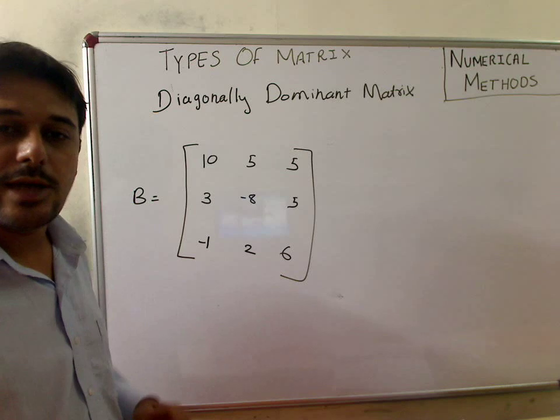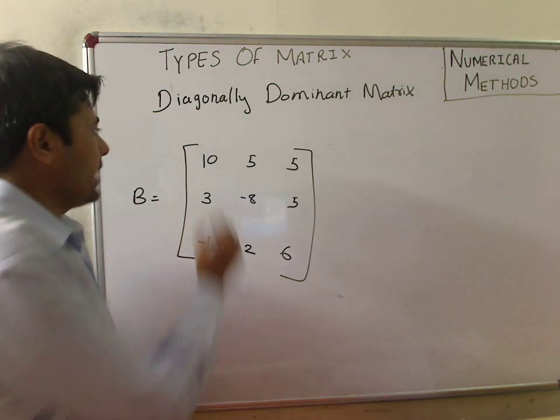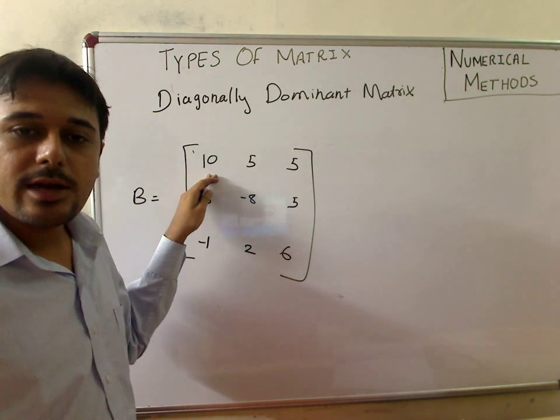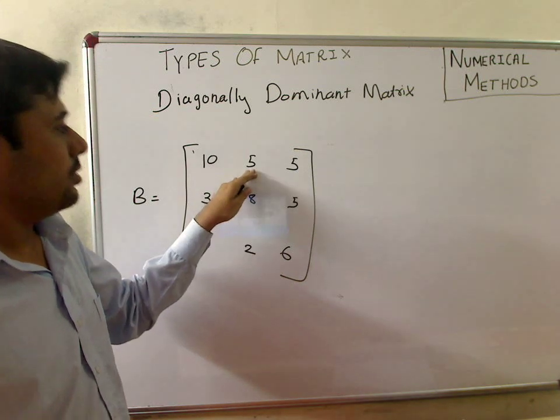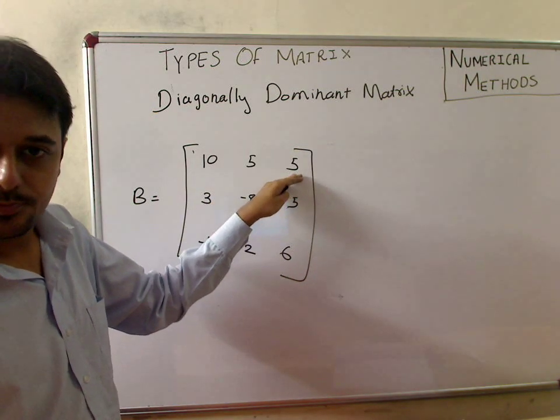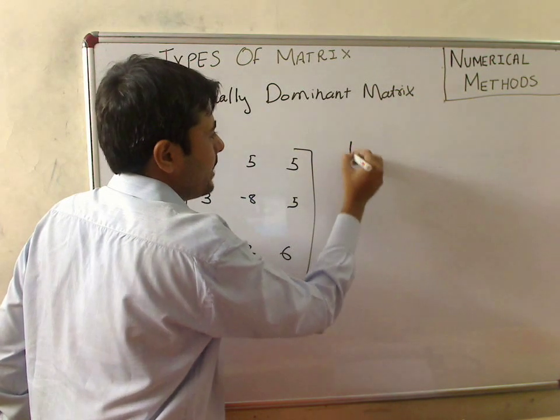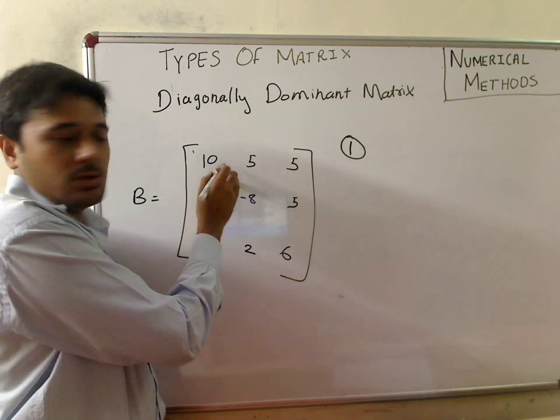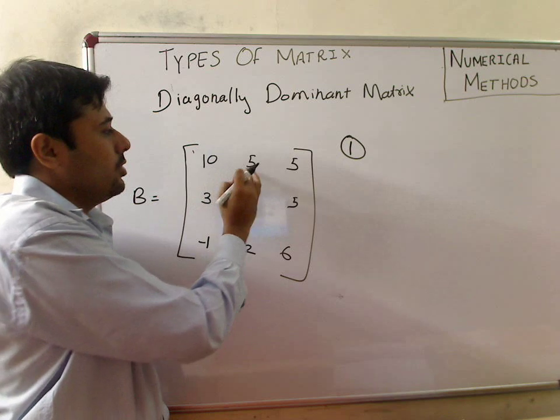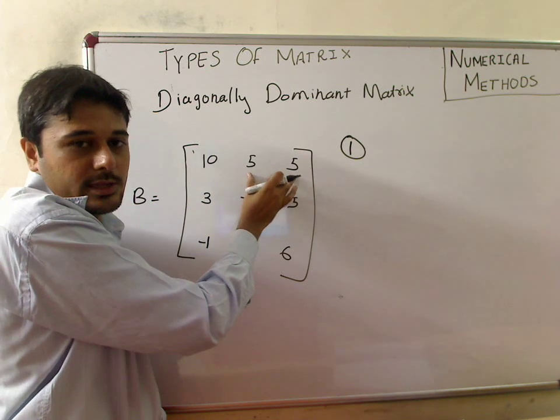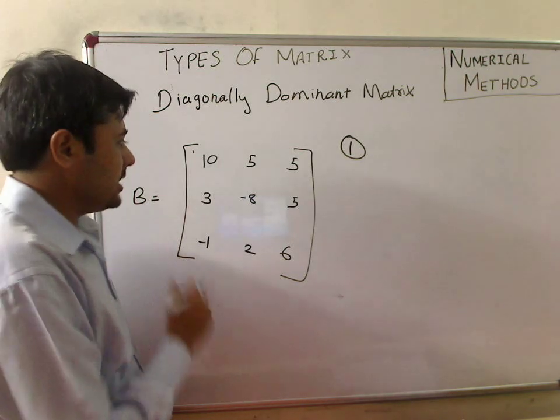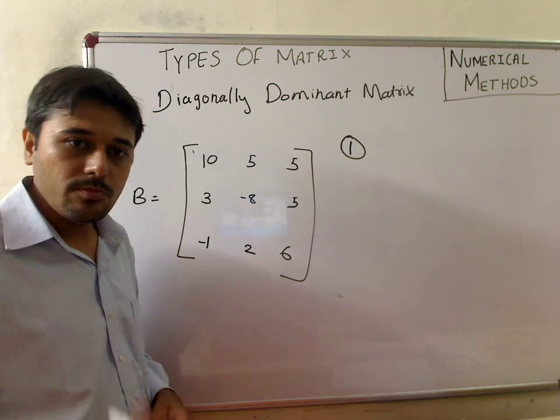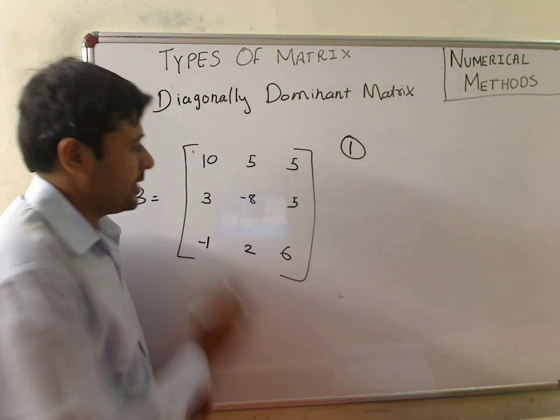Any matrix is a diagonally dominant matrix if the modulus of diagonal elements is greater than or equal to all other elements in the row. So basically there are two conditions for a diagonally dominant matrix. One is, in any row the diagonal element should be greater than or equal to the summation of all other elements. And second condition is, at least for one row, the diagonal element should be greater than, not equal to, but purely greater than the summation of other elements.